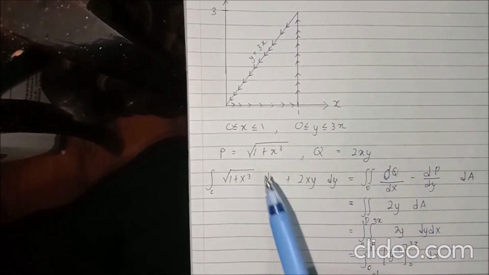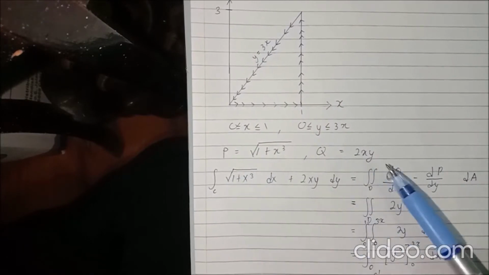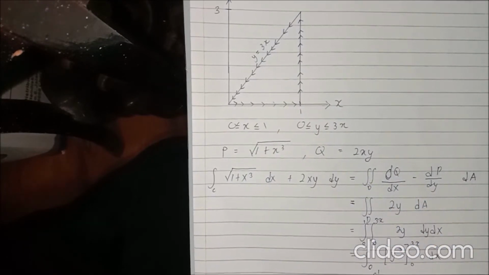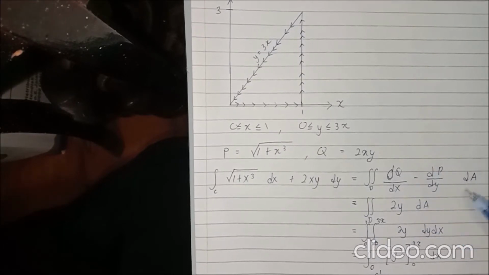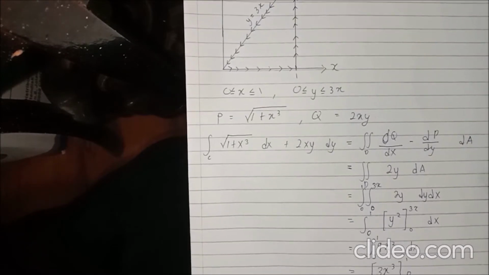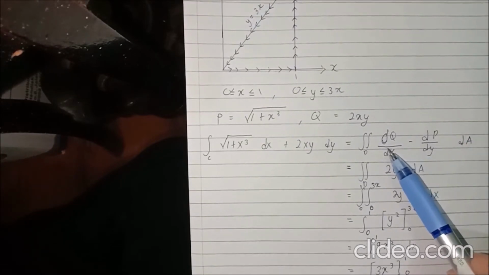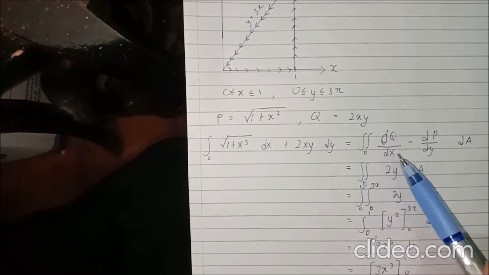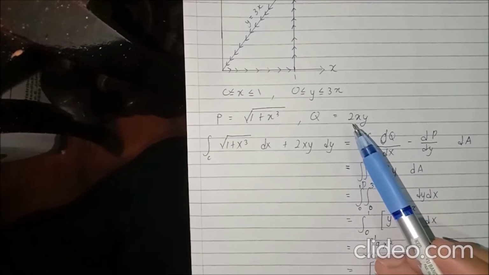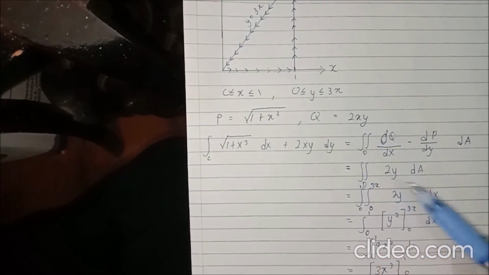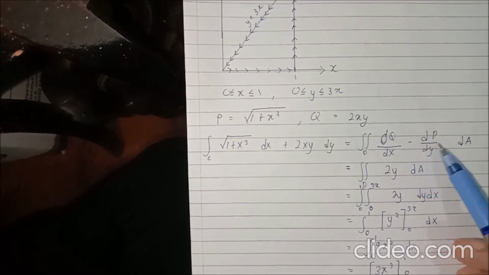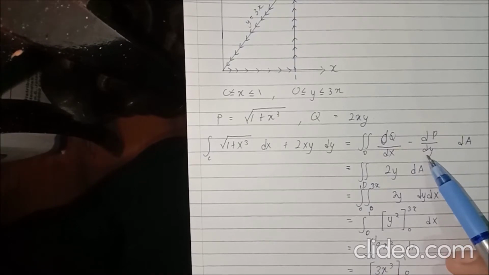Since we already know what function P and what function Q are, it's easier to solve this formula. So we need to differentiate the function Q with respect to x. When we differentiate, we get 2y, like what I wrote here, minus the derivative of P with respect to y.